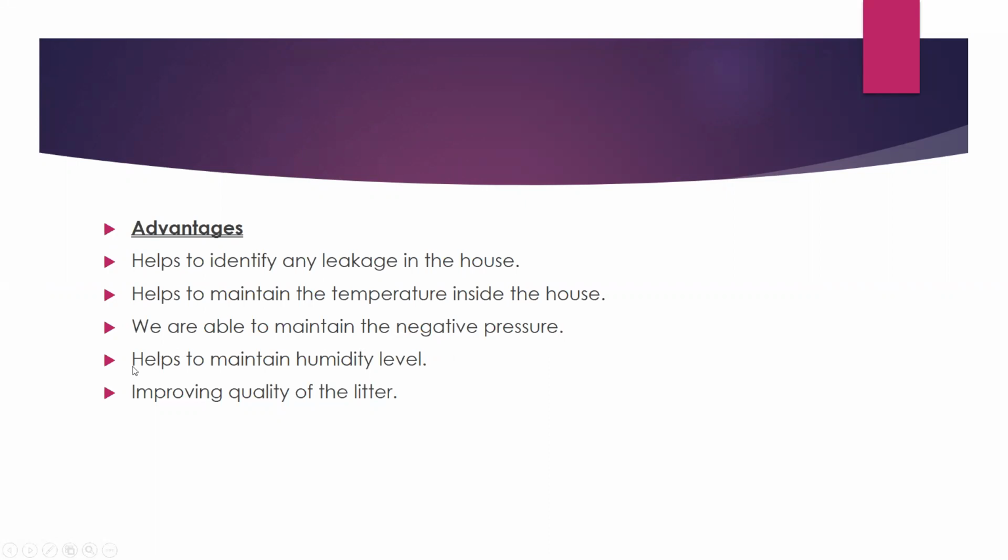The next point is that it helps us maintain the humidity level. It's obvious that if there are any leaks or gaps in the poultry house, the air will move outside the house, and it will be very difficult for us to maintain a moderate level, around 60 to 80% humidity, depending on the weather conditions.